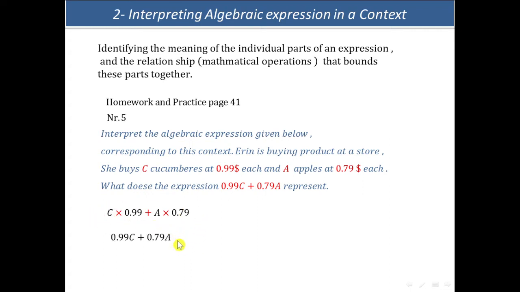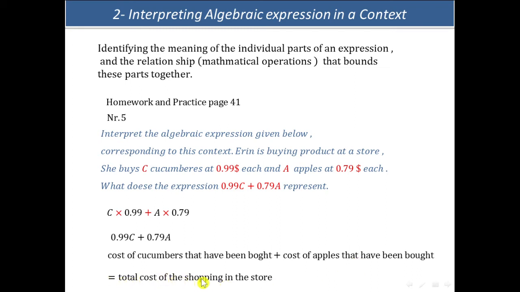Written in a better scientific way, it's going to be something like this: 0.99c plus 0.79a. This is the cost of cucumbers that have been bought, plus the cost of apples that have been bought. Together it is the total cost of the shopping in the store that day, which is done by Erin.